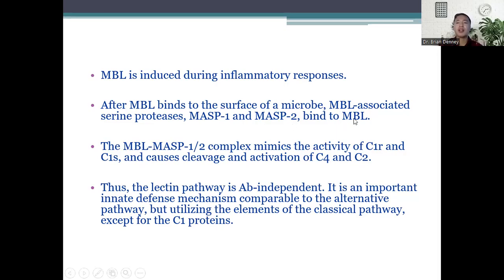MBL is found on the surface of the microorganisms. Once your MASP2 and MASP1 bind to MBL, it causes cleavage of C4 and C2. Cleavage of C4 and C2 produces C4b and C2a, C4b2a, which is the C3 convertase, and so on. The classical pathway activation cascade ensues. So I hope you're getting that.